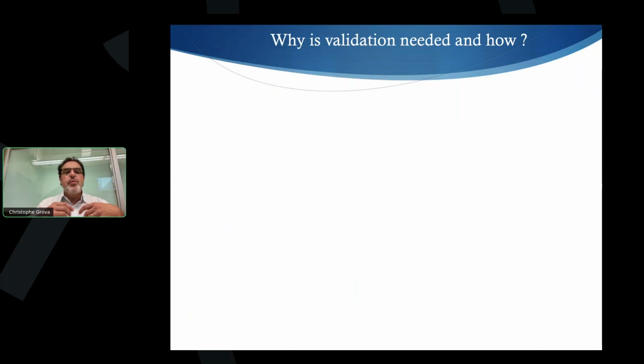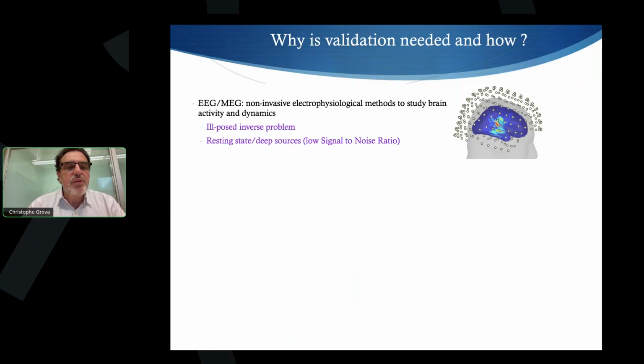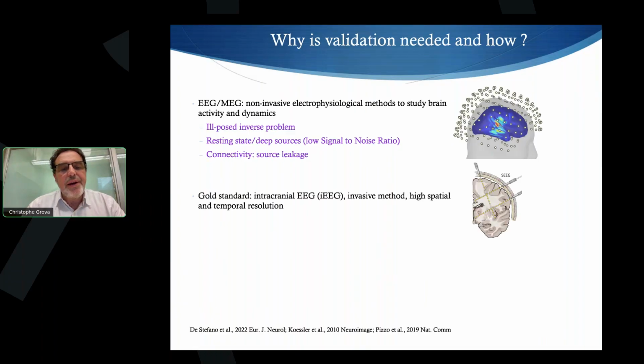So last point, validation. So far we were able to do a validation at a population level: MEG healthy subjects converted to the SEEG Atlas space, which is a collection of multicentric data. And of course, MEG is non-invasive, it's ill-posed, it's difficult to localize deep structures or resting state connectivity, and our ground truth remains SEEG.